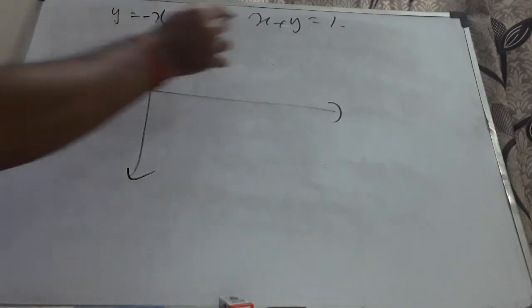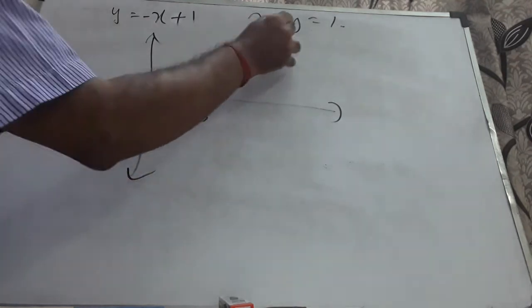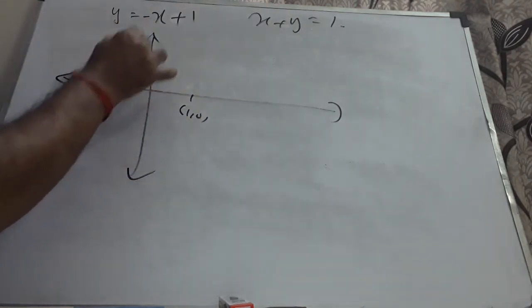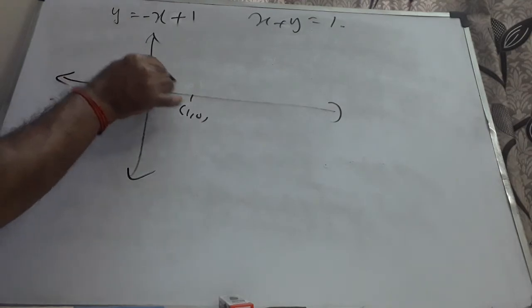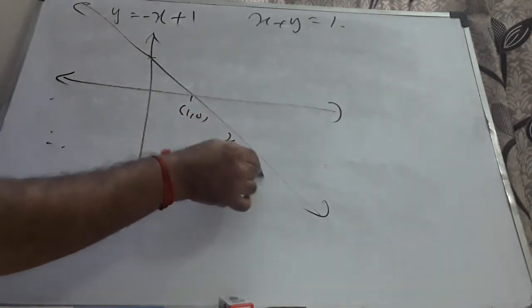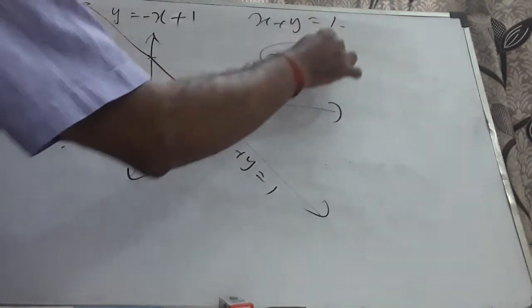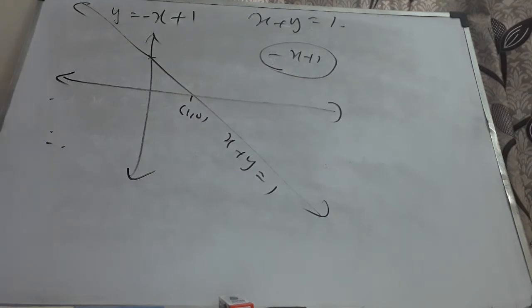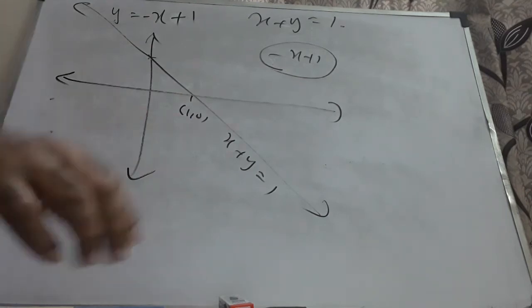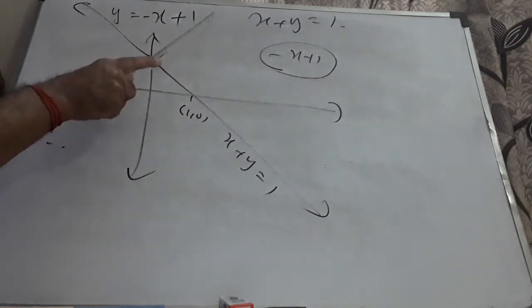Here it's a straight line. When y is 0, x is 1, it will pass through 1 comma 0. When x is 0, y is 1, therefore it will pass through 0 comma 1. So it will be a straight line x plus y is equal to 1. If we simply take minus x plus 1 to be the linear polynomial given to us and equate it to y, I'll get a straight line x plus y is equal to 1.